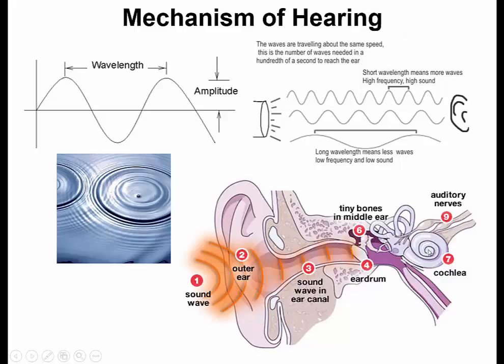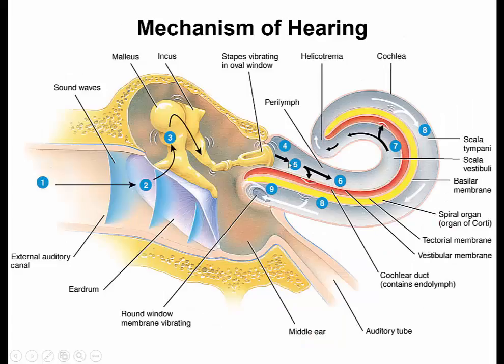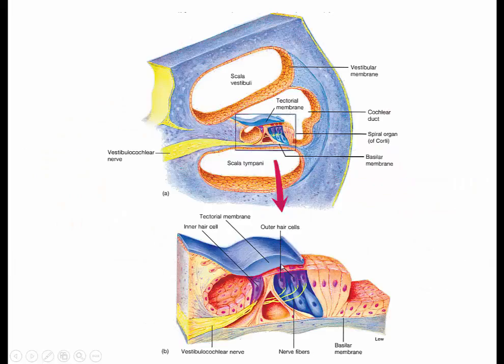And as it transmits through that perilymph, those different frequencies are going to cause the basilar membrane to move up and down, which is going to cause these hair cells to be in contact with the tectoral membrane, and they're going to bend.